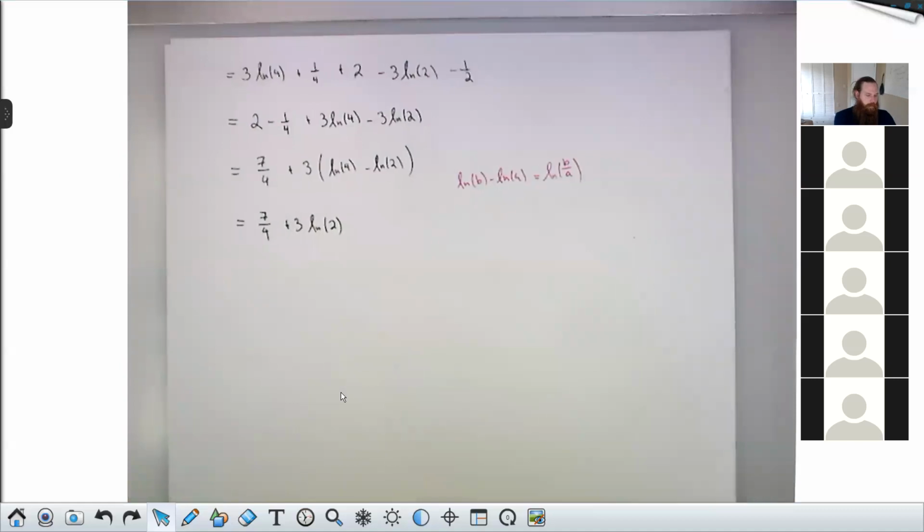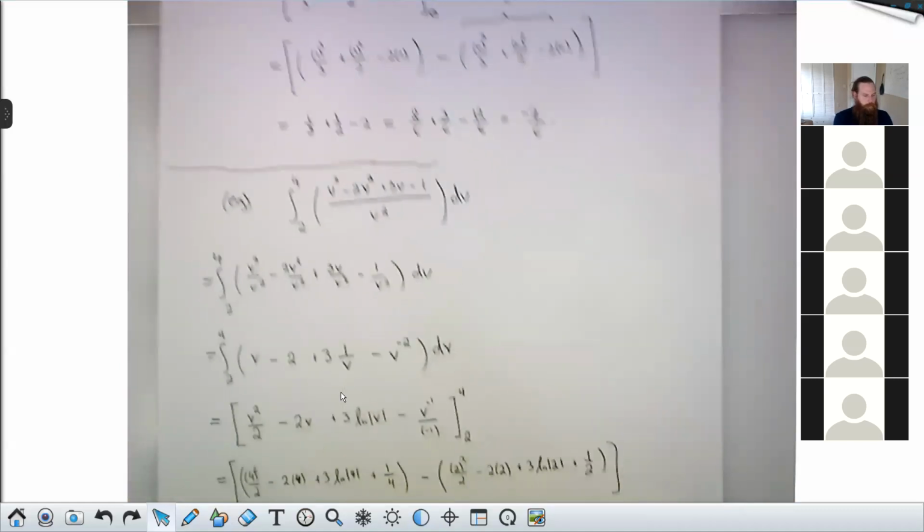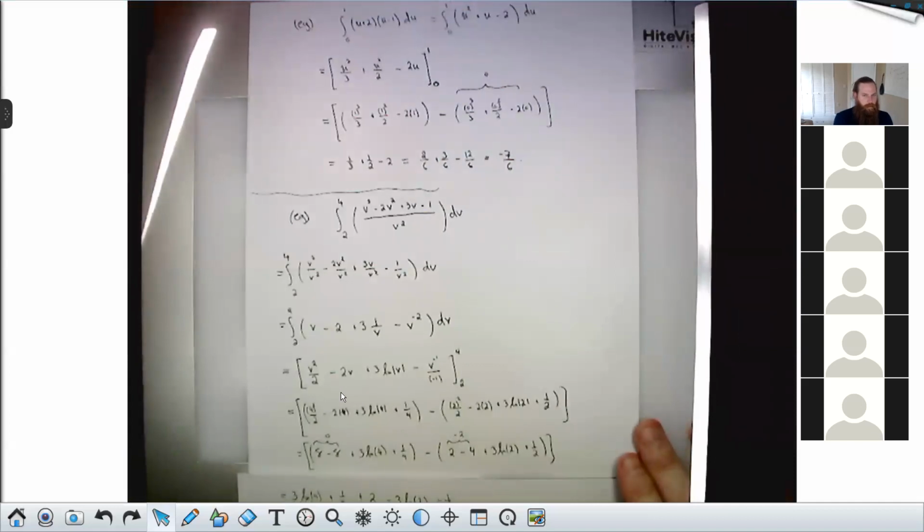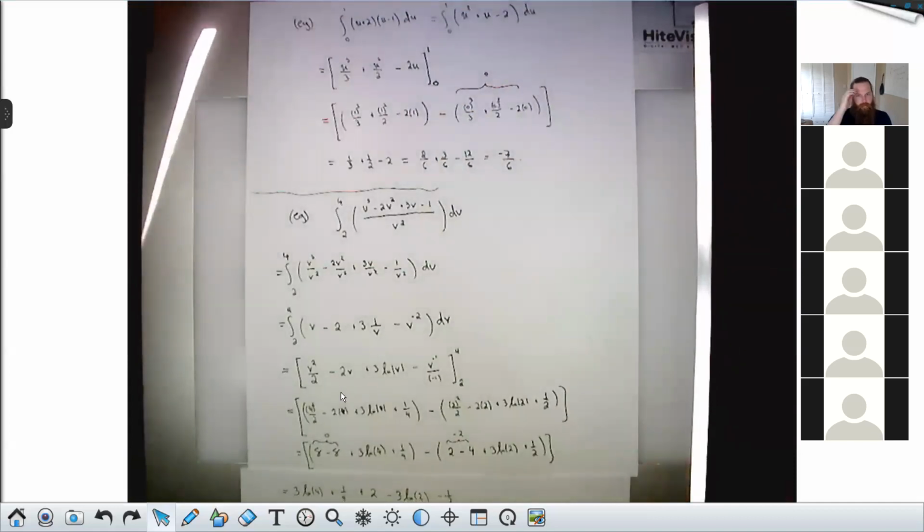I do want to go back and just comment again that both of these problems, the main thing was to simplify using algebra inside the integral before trying to find an antiderivative.